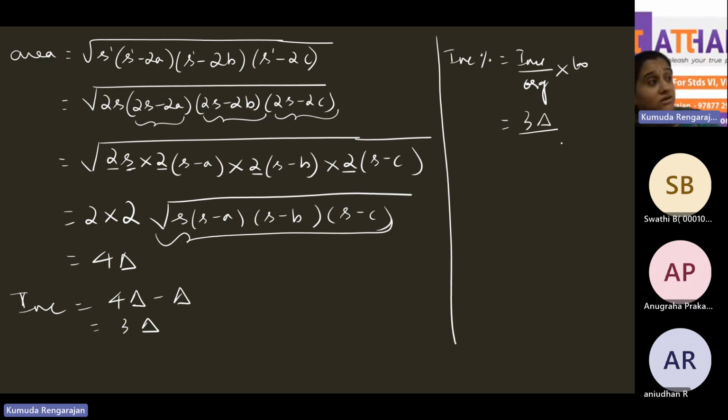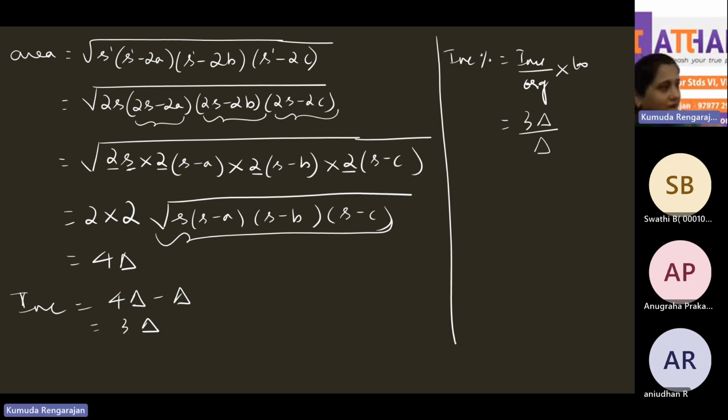What's the original, 60 or 90? 60. So here the original area is delta, and that has become 4 delta.